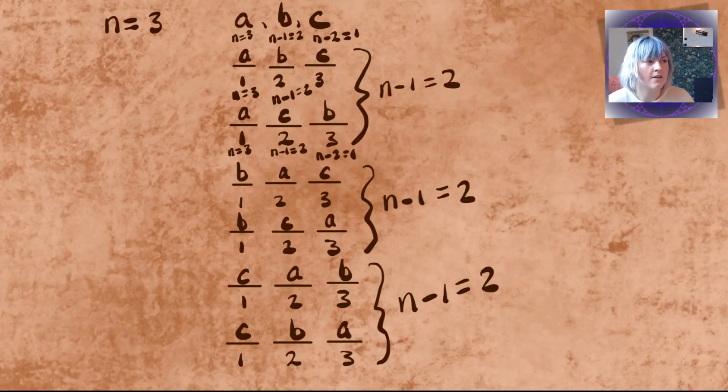But then it's less obvious why these are factors. Why aren't we adding n minus 1? And so to make sense of why that's the case, let's look at how many of these n minus 1s that we have here.